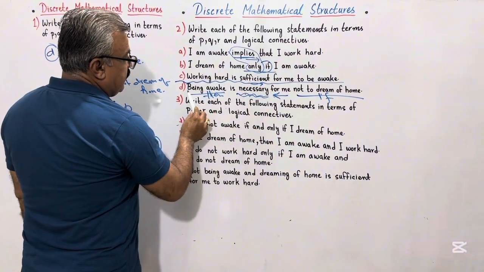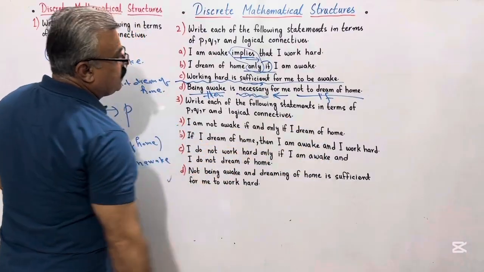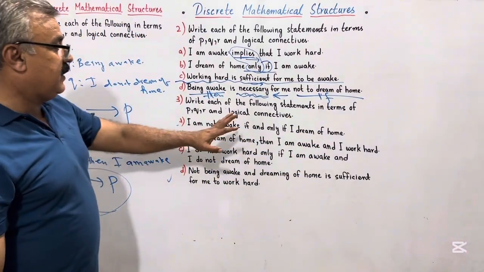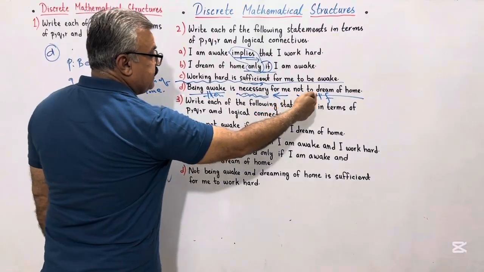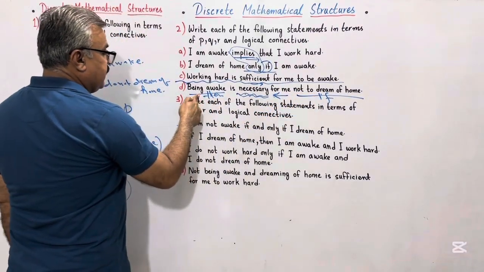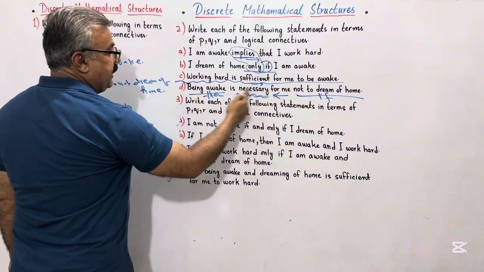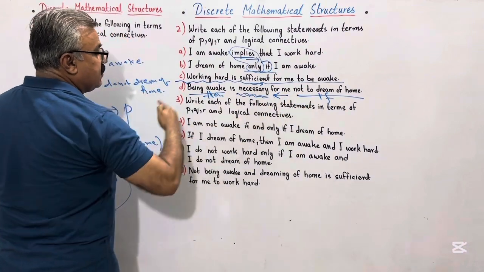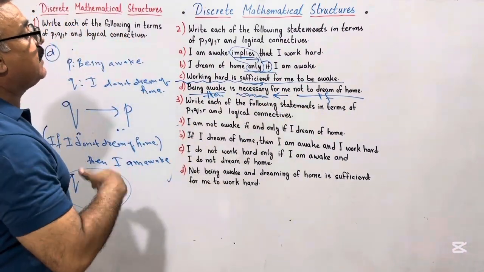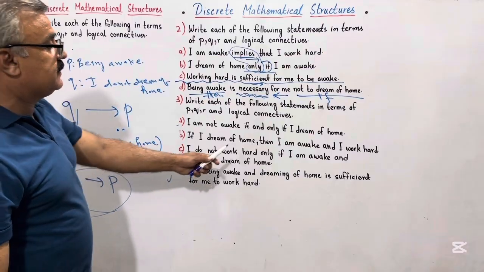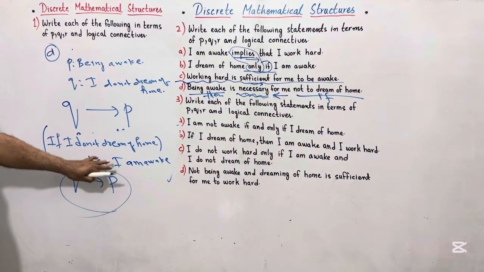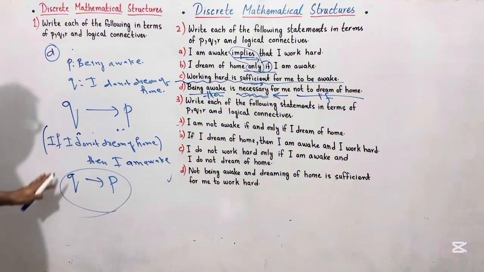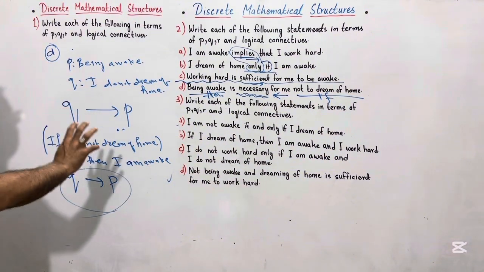Being awake is necessary for me not to dream of home. In the case of necessary, it is our reverse arrow. This is our conditional part and this is our then part. Reverse the order like a converse: if I do not dream of home, then I am awake.